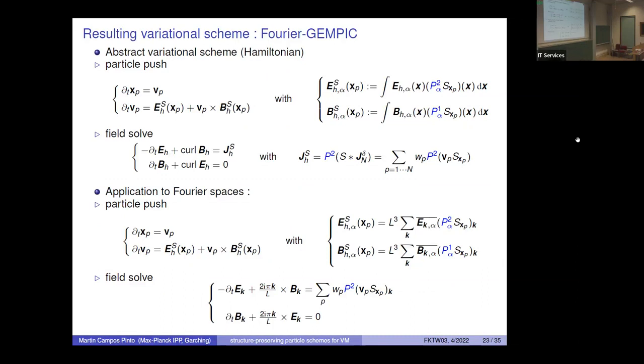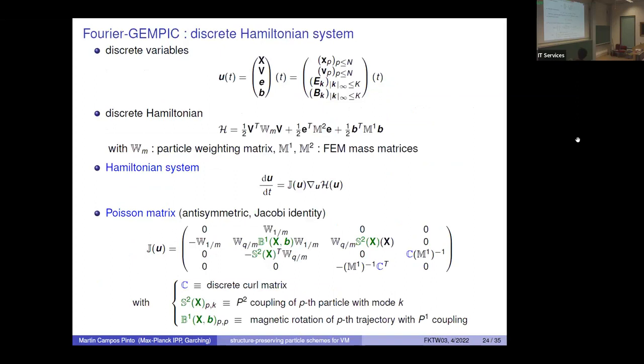So what I can say about that is that here the projection operators are still general in the Fourier modes when you compute with the Fourier modes. And still with general projection operators, you can write the resulting nonlinear system in Hamiltonian form like that, with this Poisson matrix and the functional derivatives of the discrete Hamiltonian.